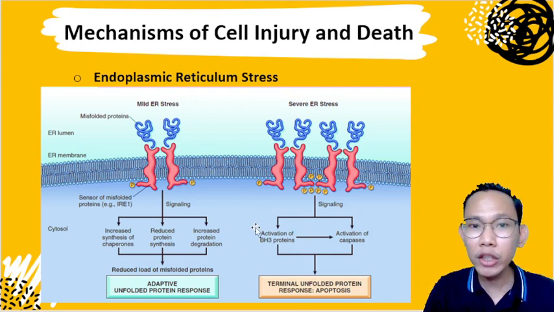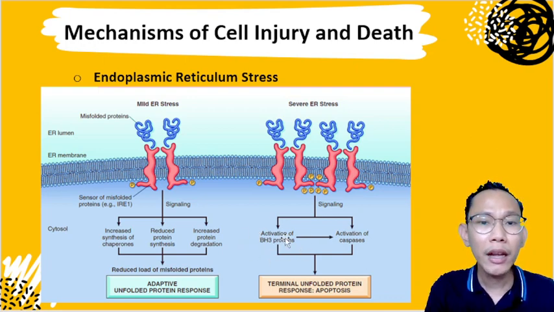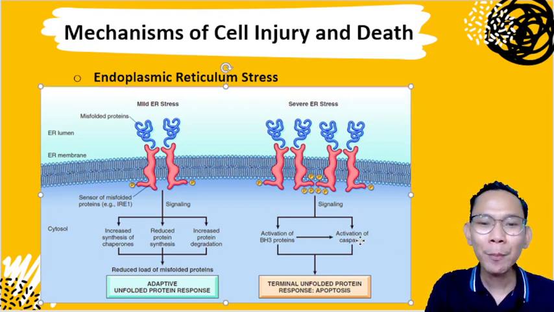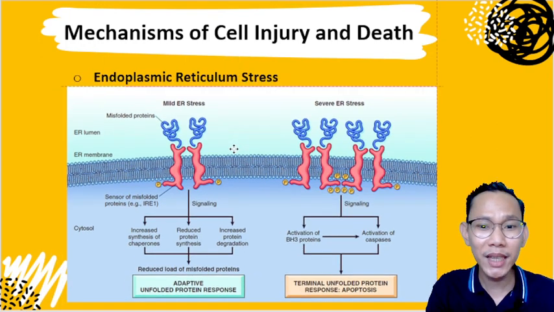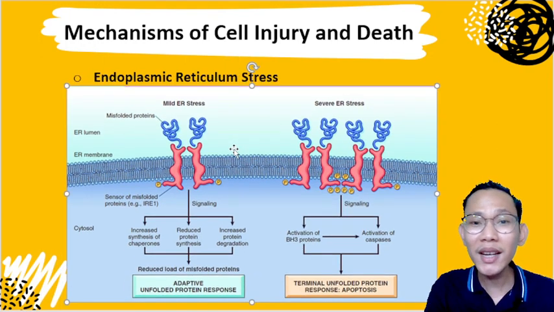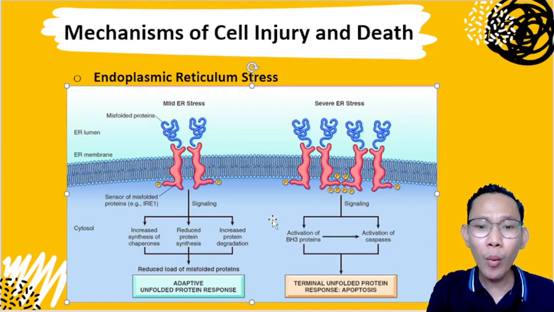Later on, when we reach your apoptosis, we will know the function of your BH3. Actually, the function of your BH3 is to oppose the action of your BCL. Pag na-oppose yung function ng BCL, it will cause activation of your caspases. So, right now, hindi nyo pa ma-appreciate kasi hindi pa tayo nag-discuss ng apoptosis. But later on, when we discuss apoptosis, you will understand why this happens.